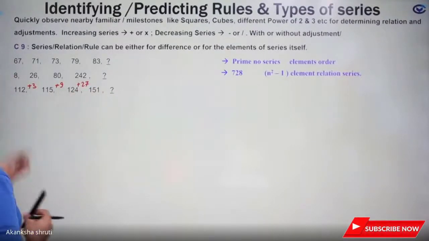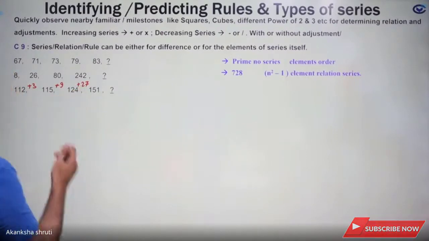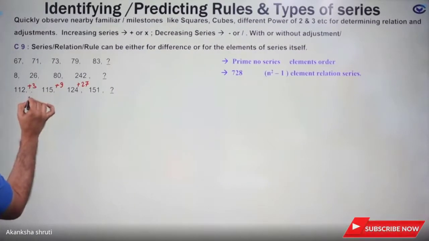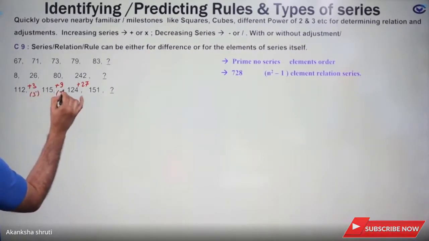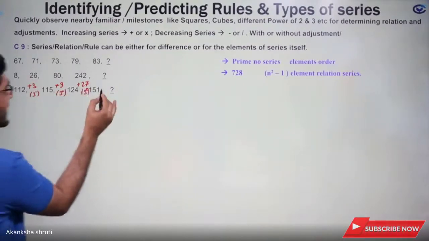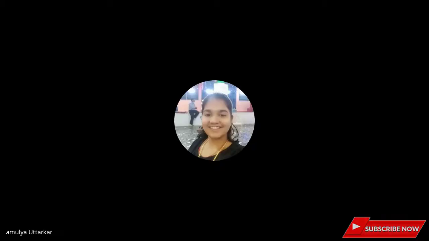Students, here we are observing that the difference is following a certain pattern. This 3 is like 3 to the power 1. This 9 is 3 square. This 27 is 3 cube. It means the next difference should be 81.